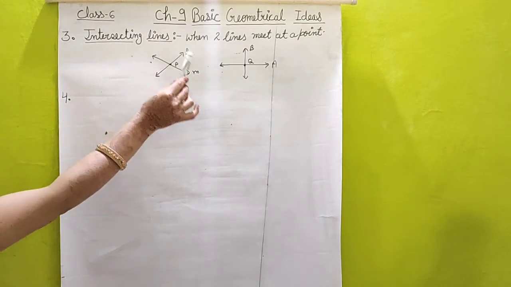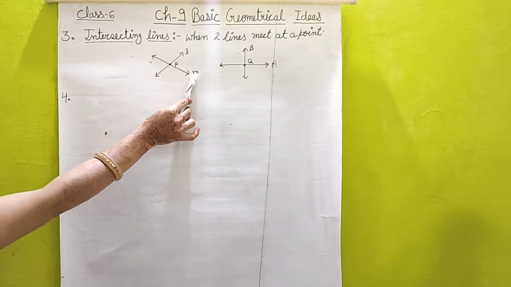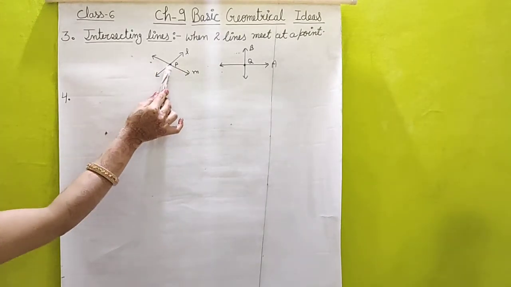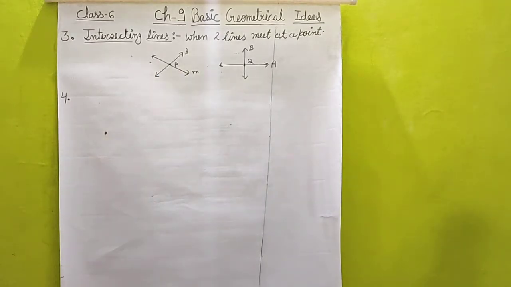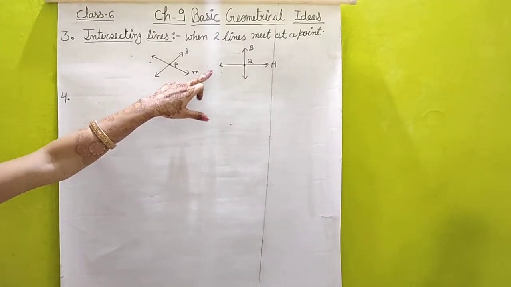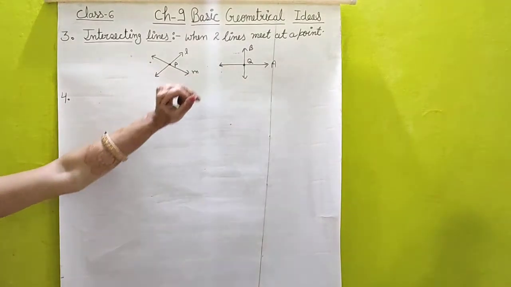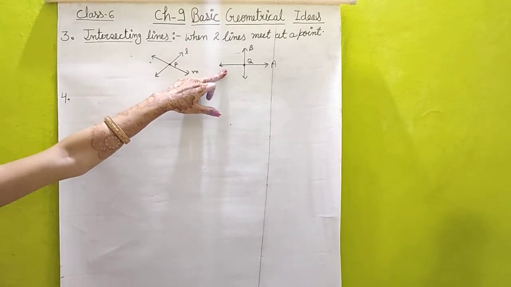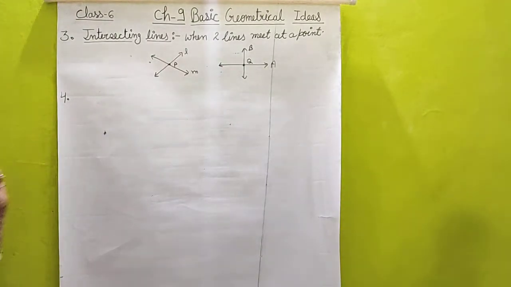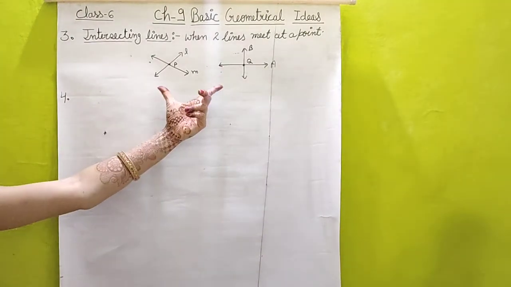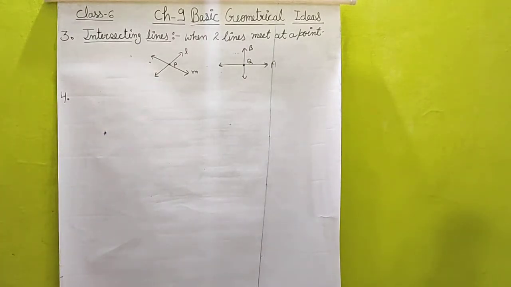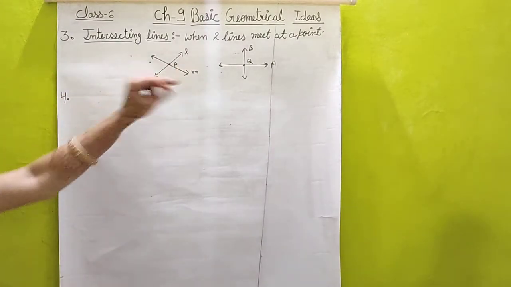Here line L and line M are given and they are intersecting at a common point, that is P. Next one, line A and line B are given. Both are intersecting at a common point Q. So both pairs, L and M, A and B, are intersecting lines.